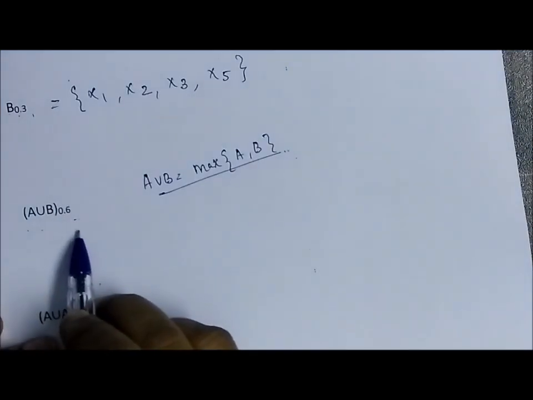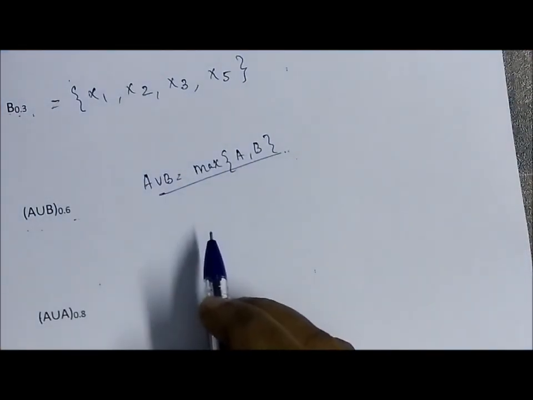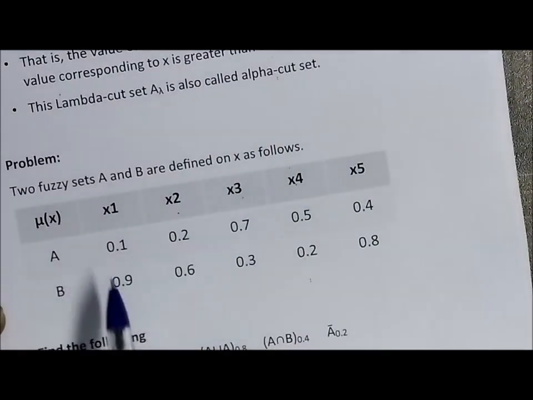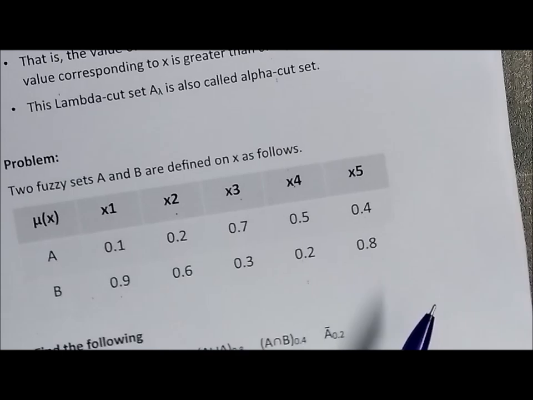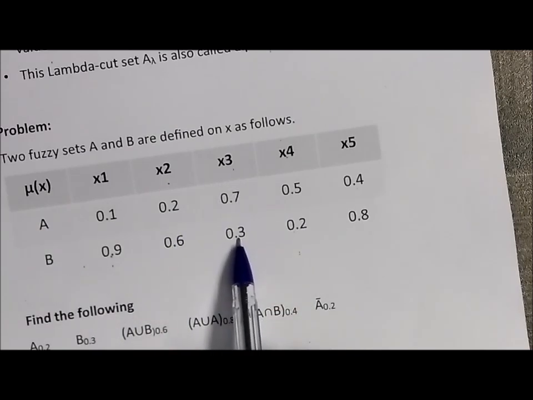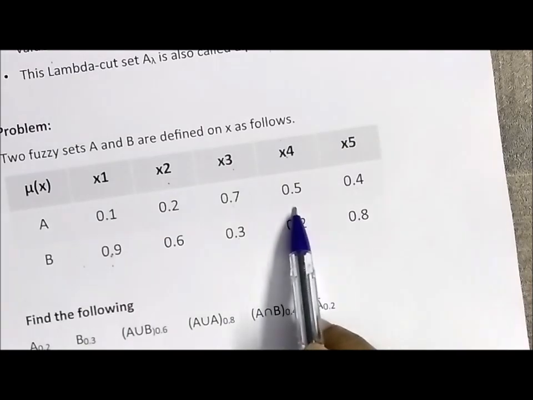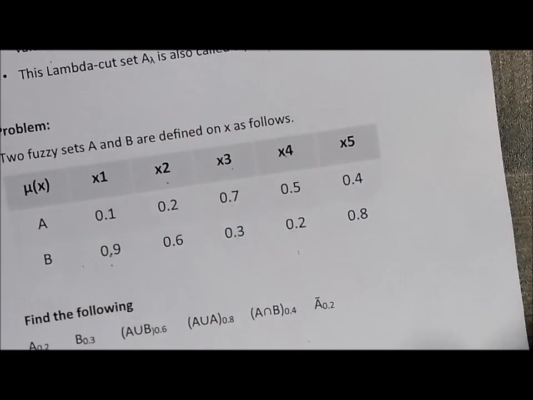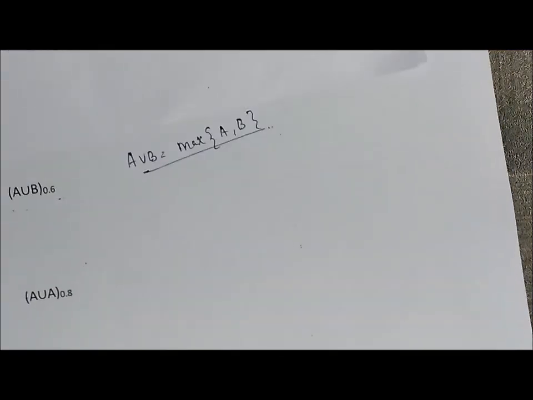So here we have A union B at 0.6. First, in A and B we have to take the maximum value. So what are the maximum values we will have? 0.9 here, and in this set we have 0.6, here 0.7, here 0.5, and for x5 we have 0.8. Okay, so what do we have to write here?